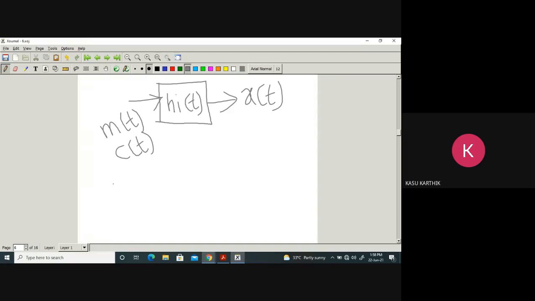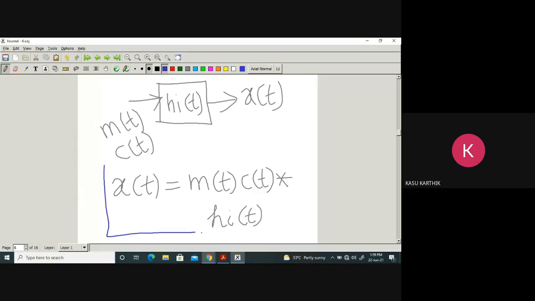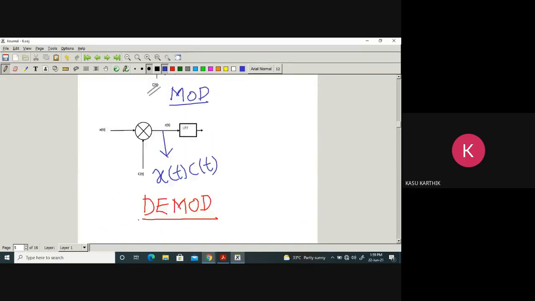Obviously, from the property of LTI systems, x of t will be m of t into c of t convolved with h_i of t. So this is the output of the modulator. This is the VSB signal.